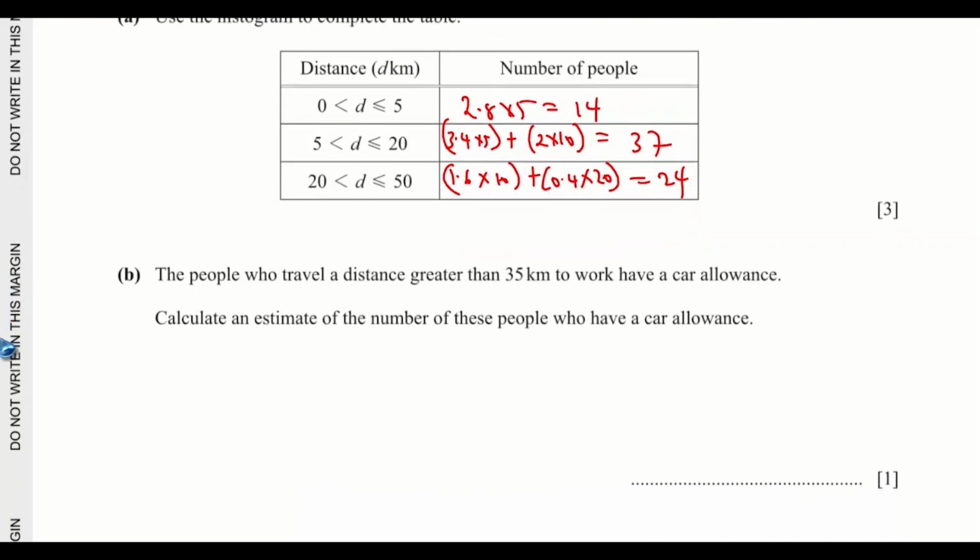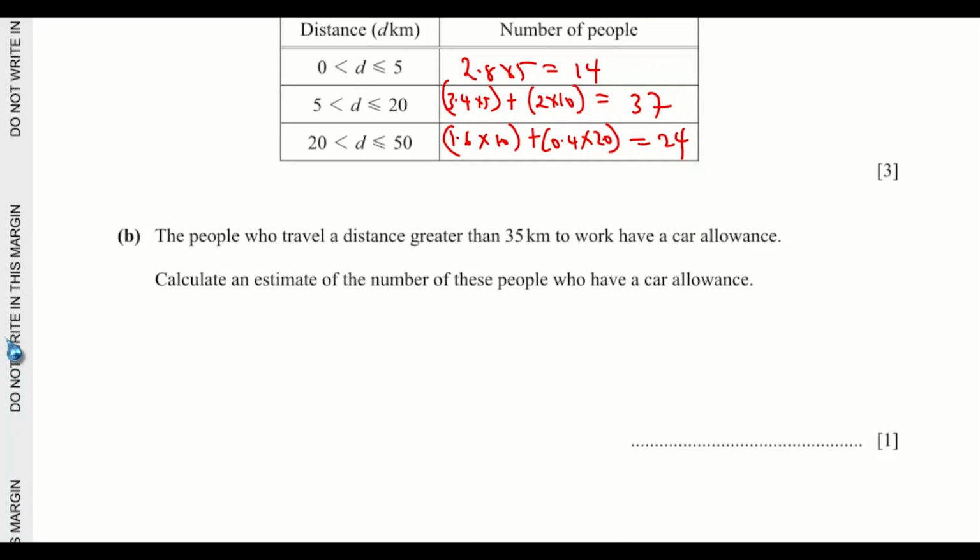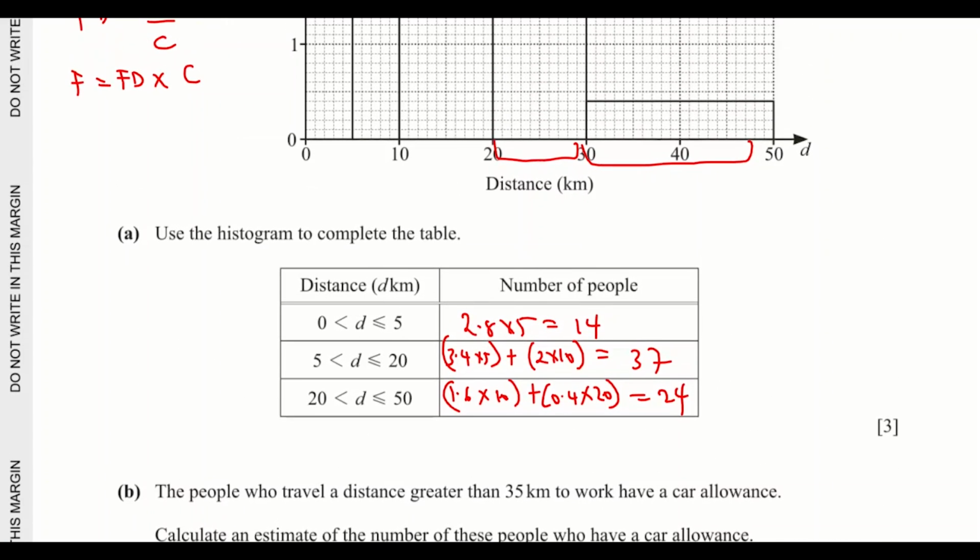As simple as that. Part B: the people who travel a distance greater than 35 kilometers to work have a car allowance. Calculate an estimate of the number of these people who have a car allowance. So more than 35, you need from here, from here like this to this.